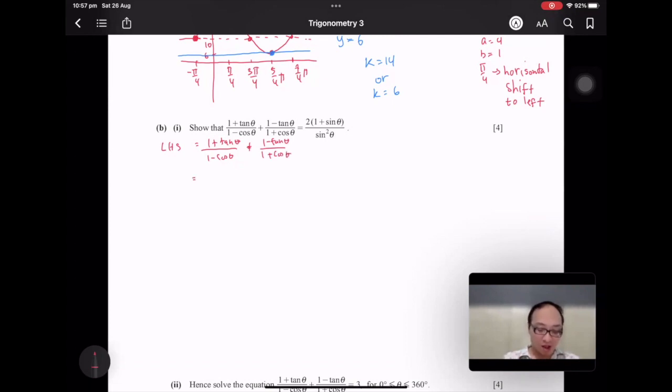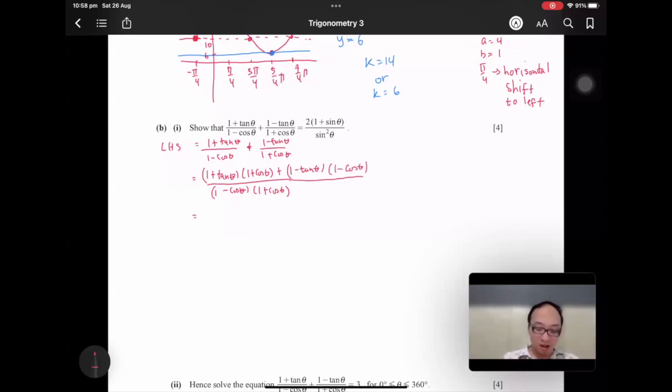So I can make the denominator the same. So 1 minus cos theta times 1 plus cos theta, and I have to multiply 1 plus tangent theta by 1 plus cos theta, plus 1 minus tangent theta multiplied by 1 minus cos theta.